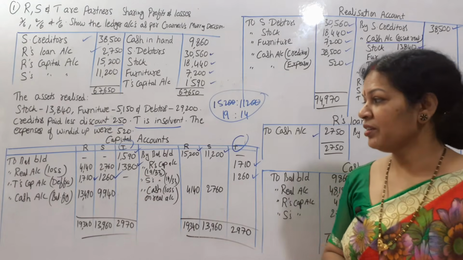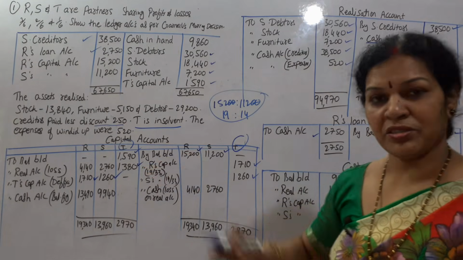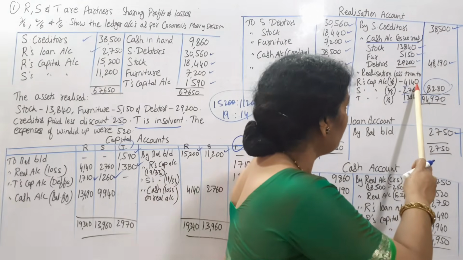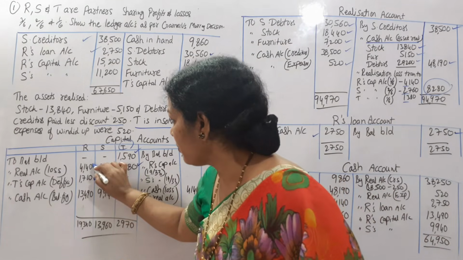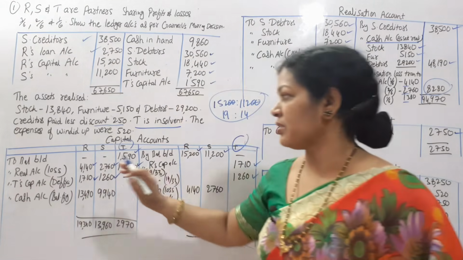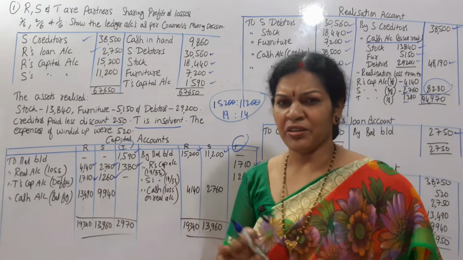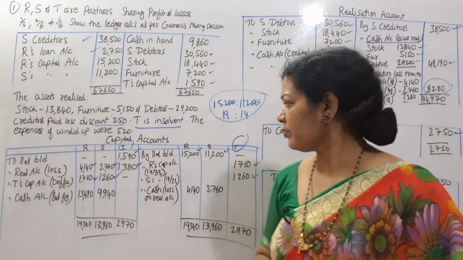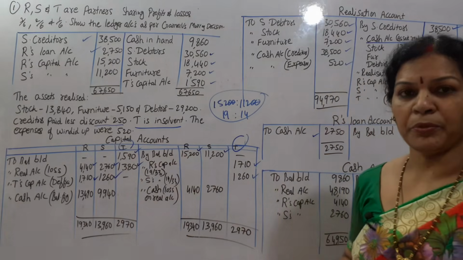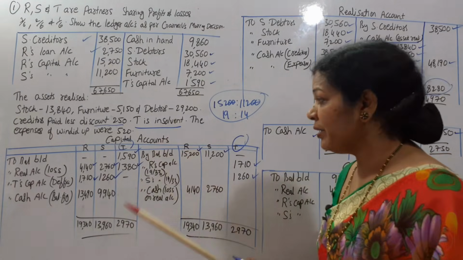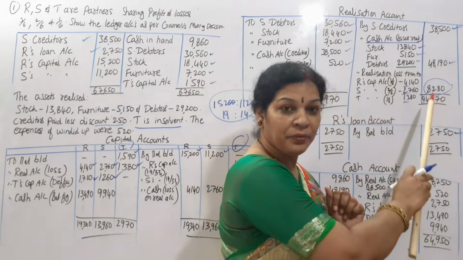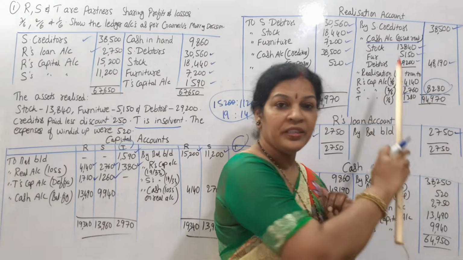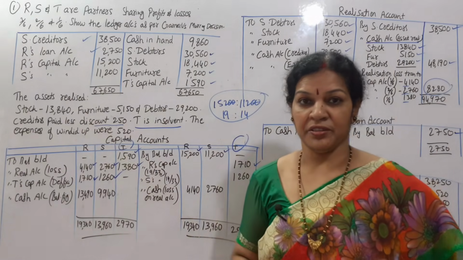Are you getting it? And in the same way, realization loss, we have to transfer 4140, 2760 to R and S. T already we have transferred. Everything is clear up to here. And a very important thing: whenever there is a realization loss, we transfer it from credit side to debit side.